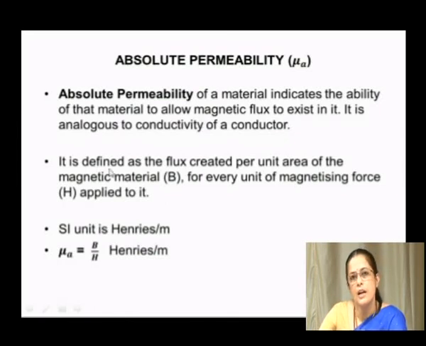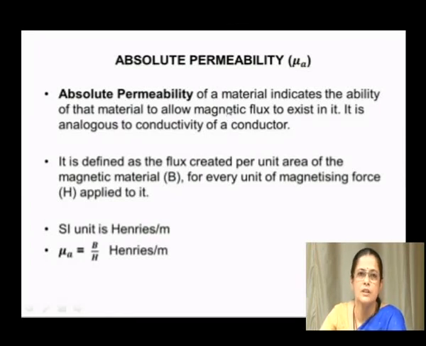Now, it is defined as the flux created per unit area of the magnetic material for every unit of magnetizing force applied to it. So, pay attention here to the definition of absolute permeability. We just understood what is permeability, that is, it allows the magnetic flux to exist.